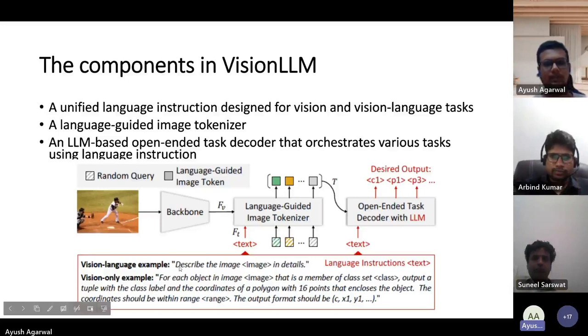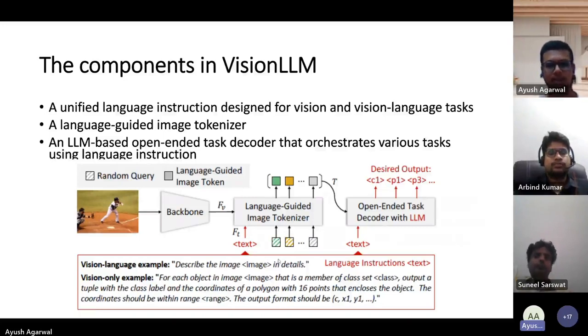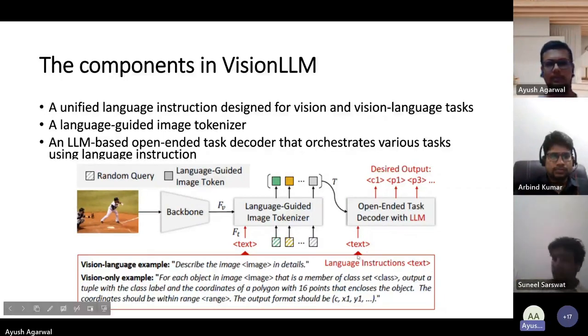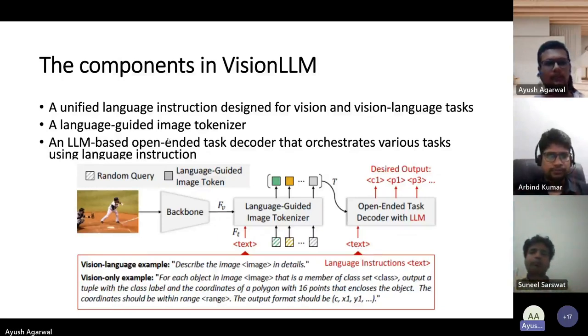A vision-language example would be describe the image in detail, that would be image captioning, visual question answering, things like that. And then there could be vision-only examples when you require object detection, object segmentation, things like that. So this is one part of the Vision LLM, that is the unified language instruction.